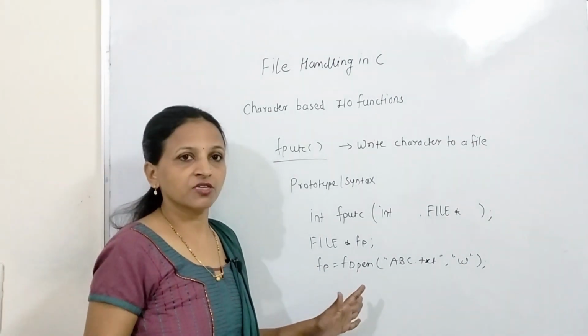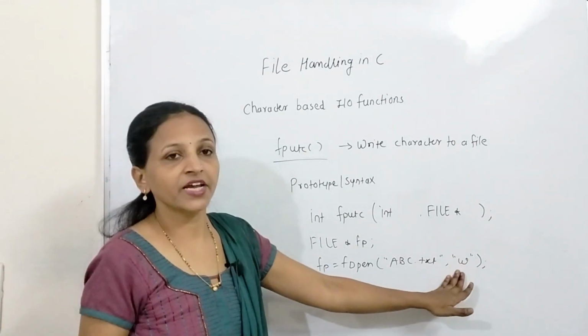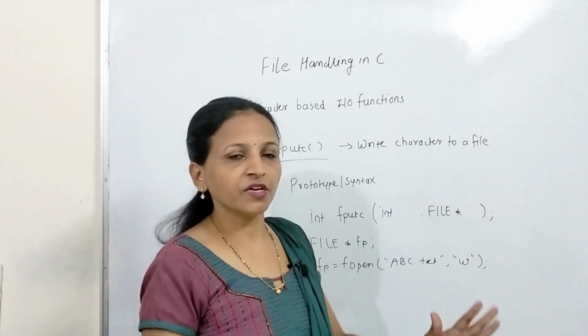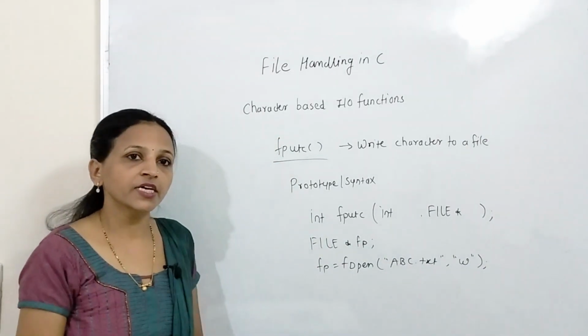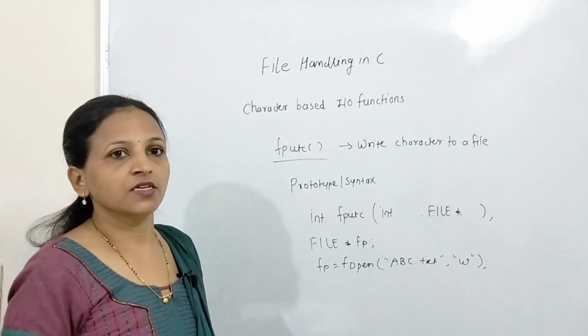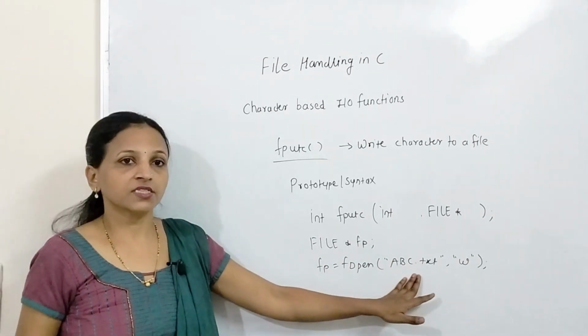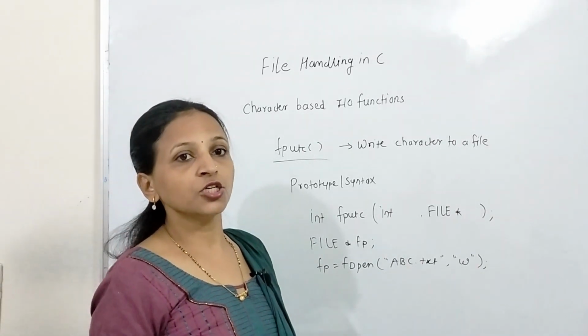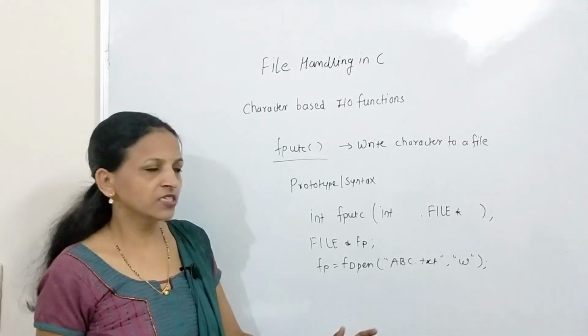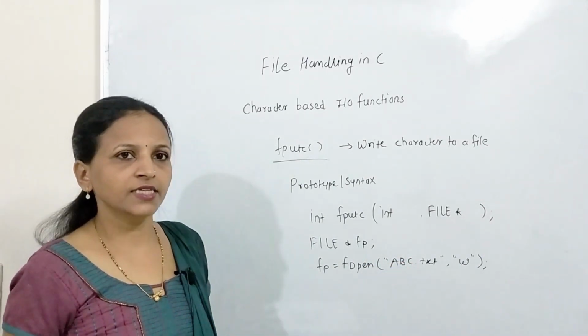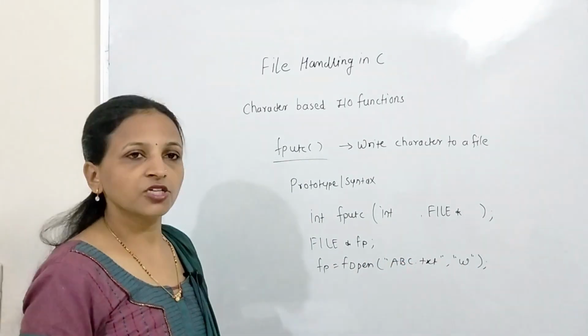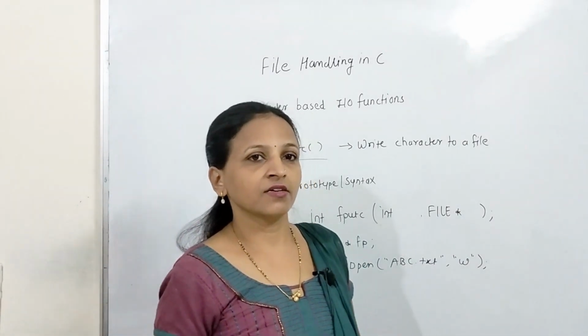Whenever we open any file in write mode, the previous contents are totally deleted, and abc.txt is presented as a new fresh file. And if the file is not present on the hard disk, no problem, this function will create that file.